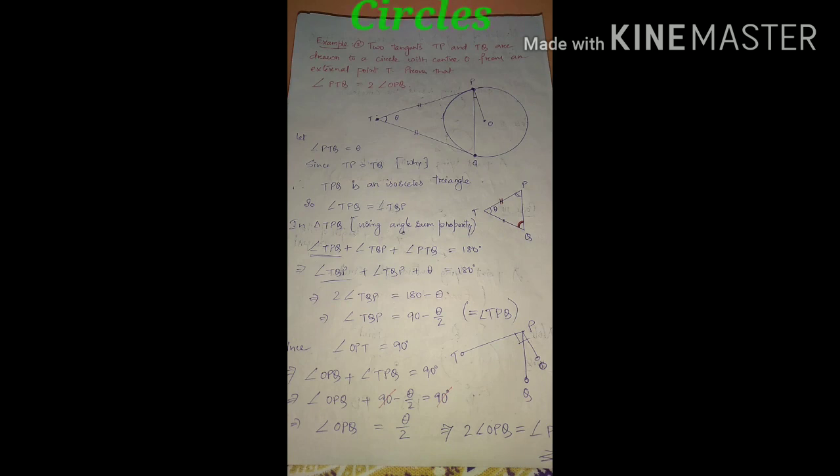According to your question, the question is: two tangents TP and TQ are drawn to a circle with center O from an external point T. Prove that angle PTQ equals 2 times angle OPQ. Now, according to this question, in the diagram we consider one external point, which is T. From this T we draw two tangents, because we already know that from an external point to a circle we can draw a maximum of two tangents.